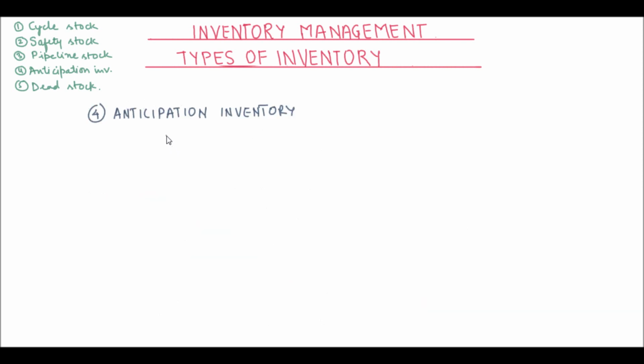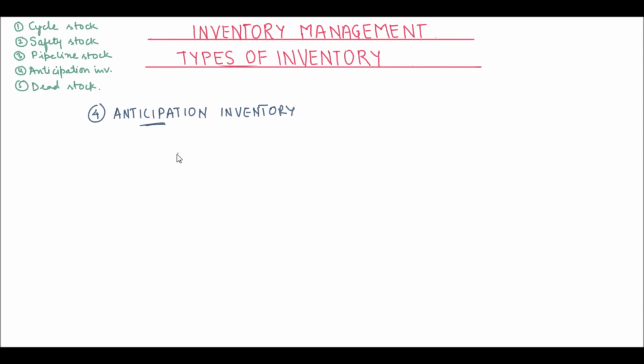Now the fourth type of inventory that we look at is the anticipation inventory. Now anticipation inventory consists of stock accumulated in advance of expected peak in the sales, or that which takes care of a specific event. So the name itself says anticipation. So you anticipate that there is going to be a spike in demand at some point in time, and so you start accumulating inventory for that event.